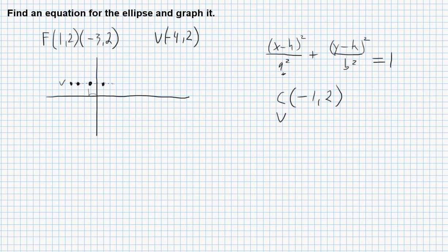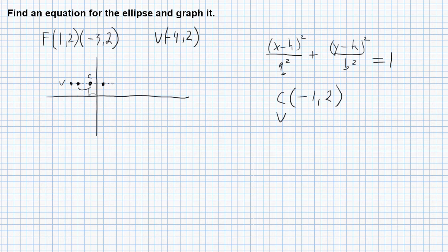Now, since it is a horizontally oriented ellipse, that looks like that's going to be our major axis vertex point. Now let's look at the information that this sketch gives us. Here's the center, and we can see that from center out to the focal points are 2 units.